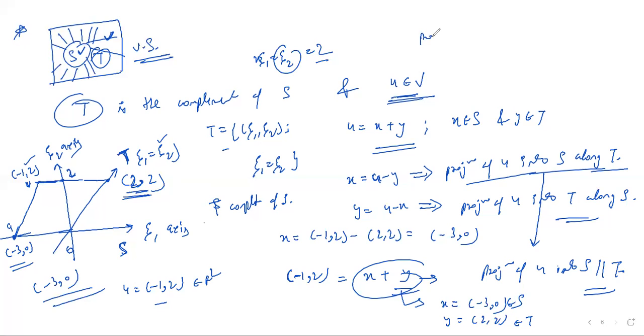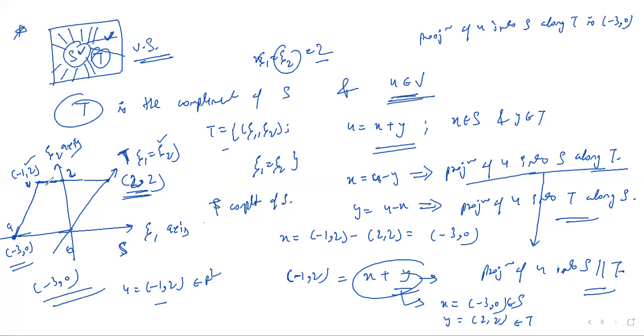Okay. So what did I get? The projection of U onto S along the line T is minus 3 comma 0.